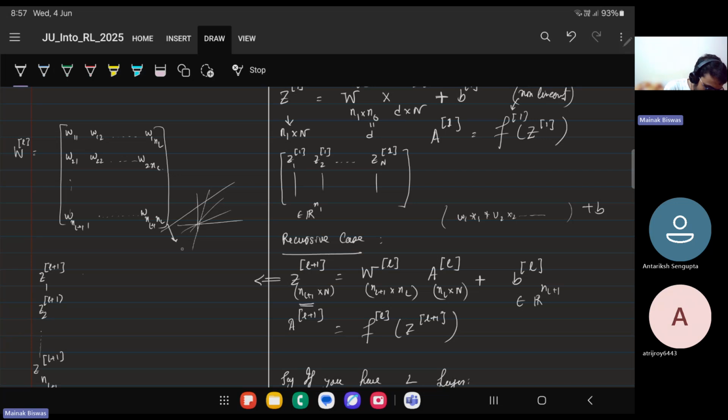Which is an N_{L+1} cross N_L dimensional matrix. N_{L+1} is a subscript. It can be 5, 6, 10, 12, 100, 2000, anything.